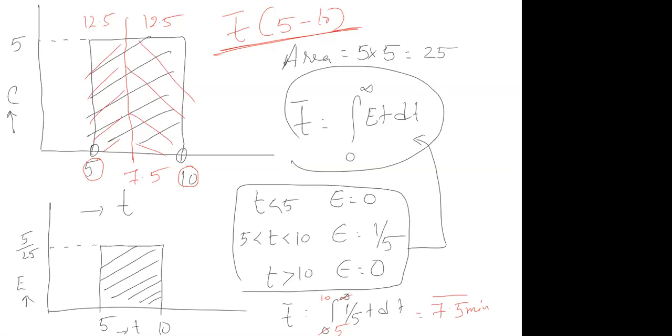Suppose I have given options as 5, 10, 7.5 and 15. What is the answer? Immediately we'll say 7.5. So you don't need to solve this question because the answer should be between 5 and 10. Imagine that your class strength is 100. All the 100 people's marks are between 5 and 10. Then where does the average lie? Between 5 and 10 only.